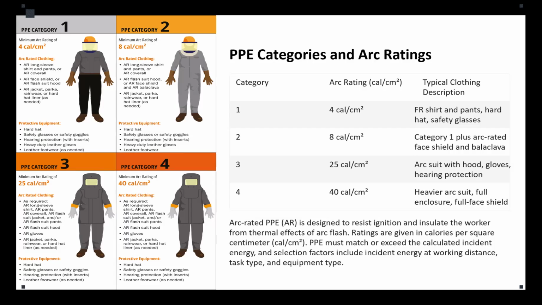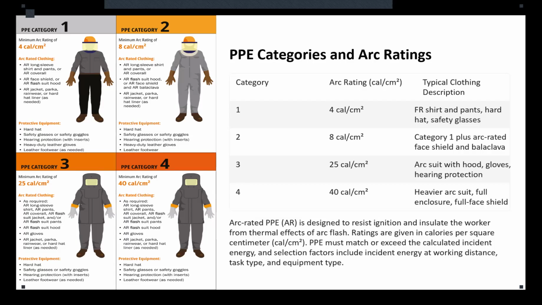It is normally suitable for tasks with low fault current, fast breaker clearing time, or high working distances. Now we have category 2, which is an arc rating of minimum 8 calories per square centimeter.